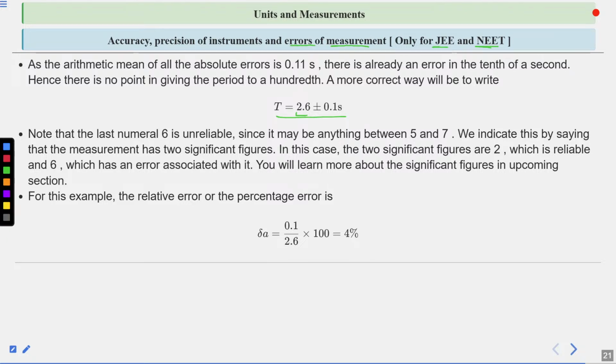Sriram, in which section? Absolute error is 0.11 second. Okay, what is your question?